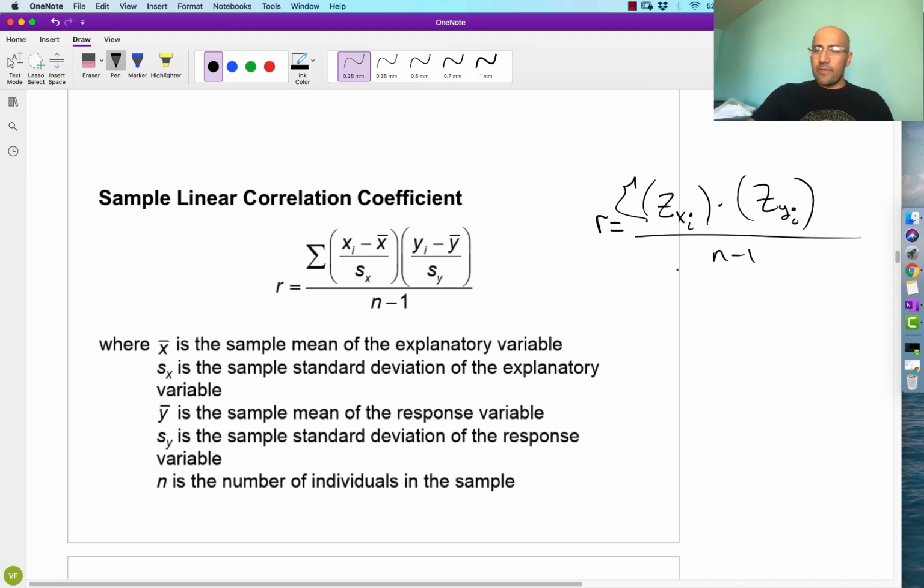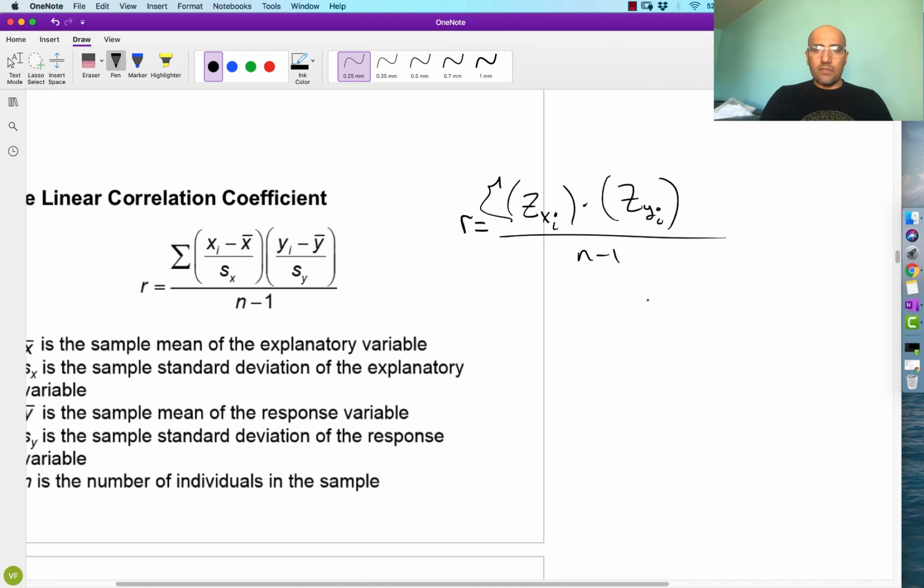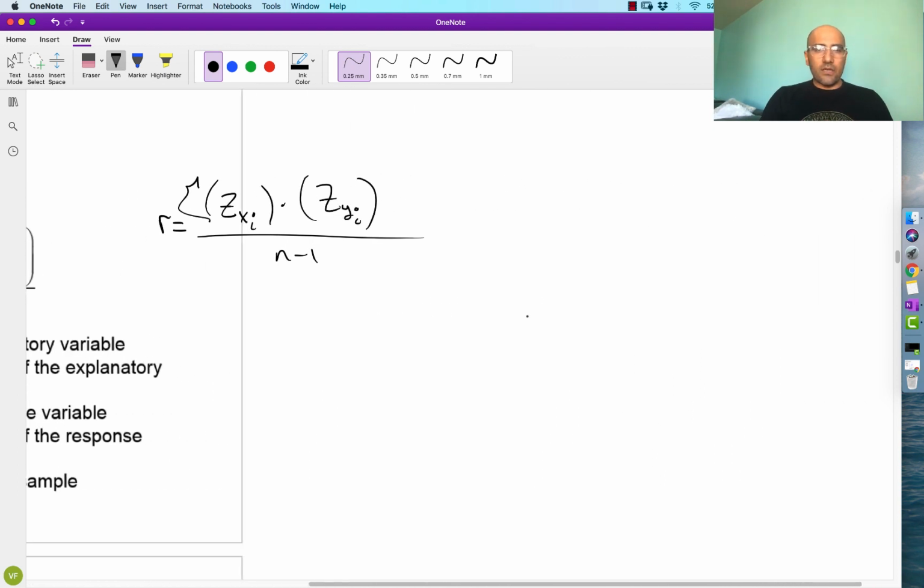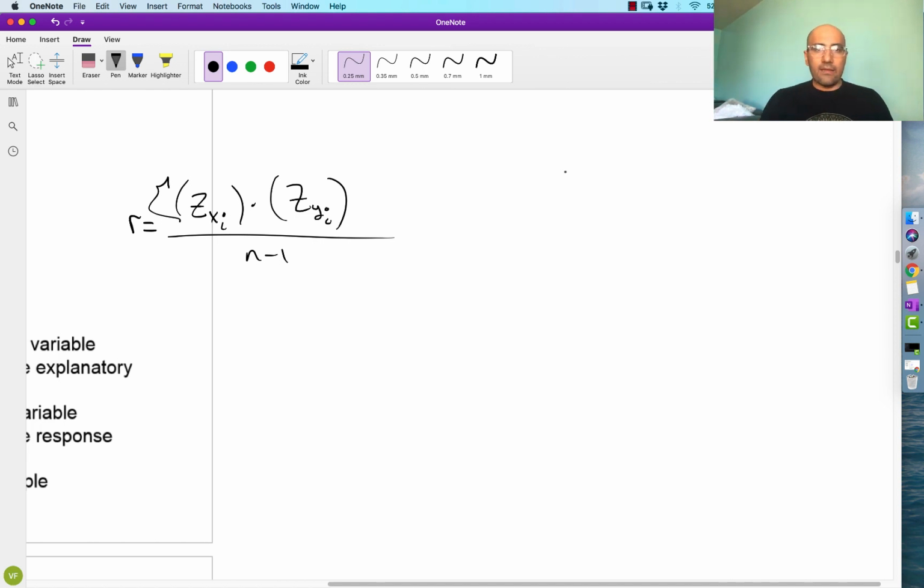Good. Kind of, maybe. So let's further explain what this is. Let's say we had a little table that had x's and y's, where this is the response variable, and this is the explanatory.